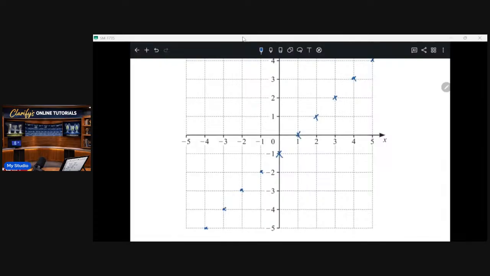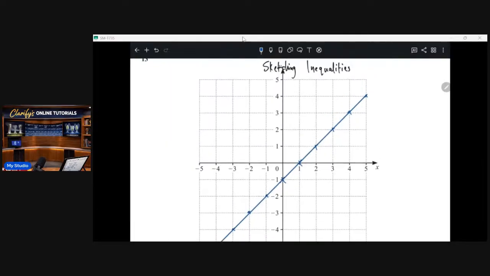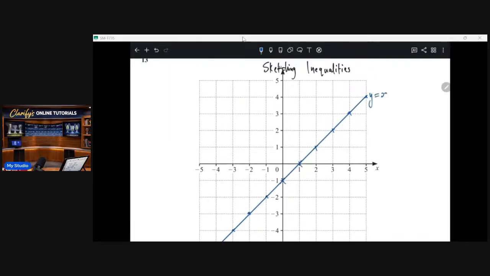Now you can join with a neat line. Okay, here's the neat line. So this is called the graph of y equal to x minus 1. We started at minus 1, then we did y equal to x.